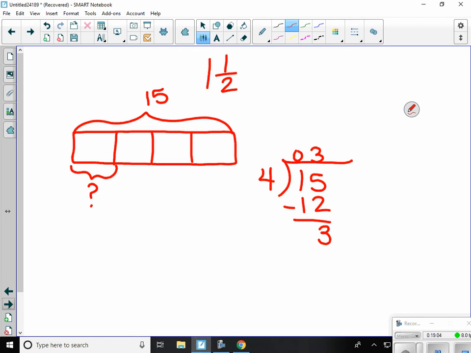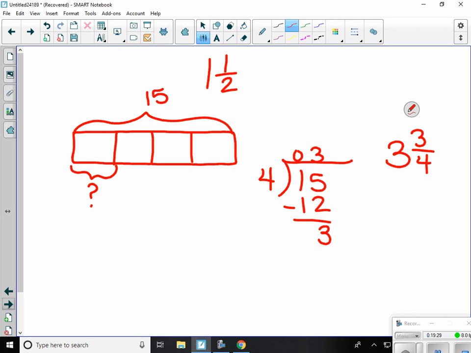Okay. So, the number up here, your answer, your quotient, is your whole number. Big 3. Your remainder is your numerator. Your divisor is your denominator.